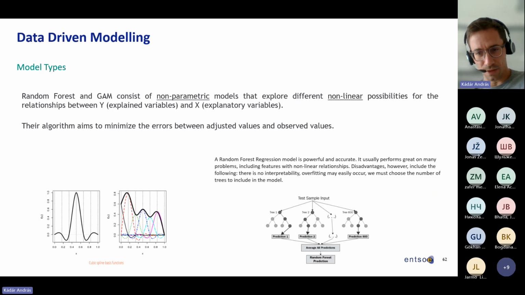And on the right-hand side, you see a visual intuition about the random forest, which is a complex decision tree model. Both of them are quite different in their construction, so they can be good alternatives for each other.